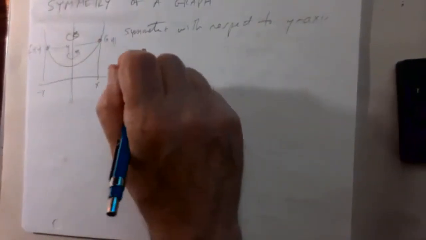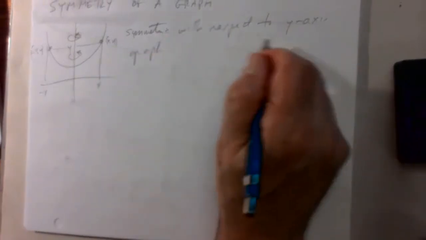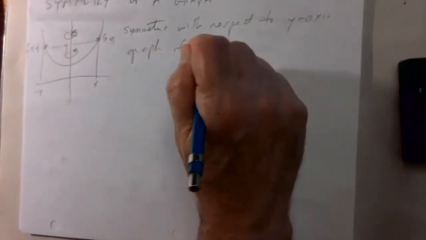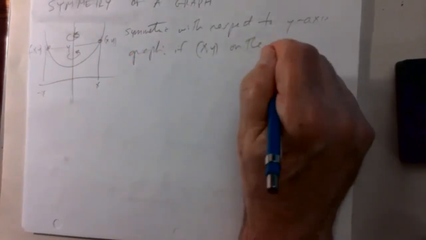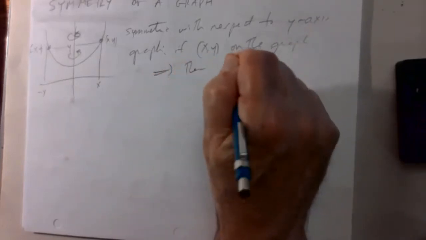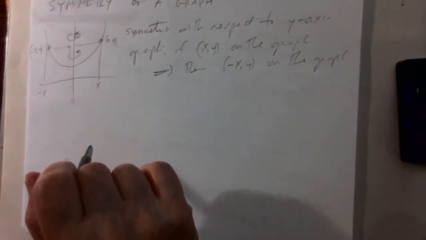So algebraically, we can say a graph is symmetric with respect to the y-axis if whenever x, y is on the graph, it implies that the point minus x, y is also on the graph. So symmetry with respect to the y-axis means if you reflect around the y-axis, the graph doesn't change.